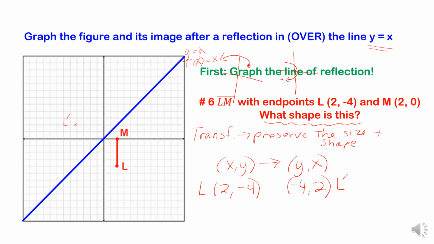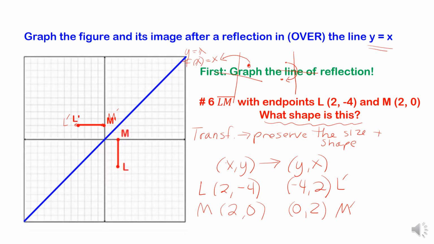Then I'm going to take M, which is (2, 0), and my M prime is going to be (0, 2). So (0, 2) is right here. And now we check to see if their answer is correct, and it is. So you might want to practice with reflections too. So that is the end of the video, and good luck with the homework.